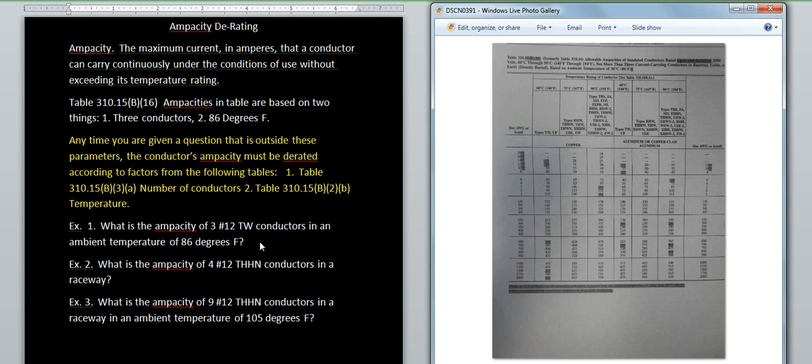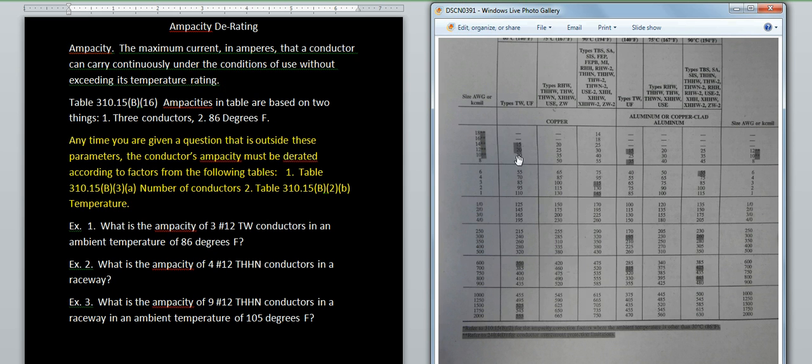And you would simply use the column of size number 12 conductor at a 60 degree temperature rating, and you'll get, looks like, 20 amps.